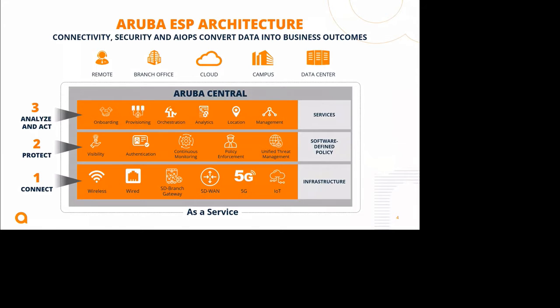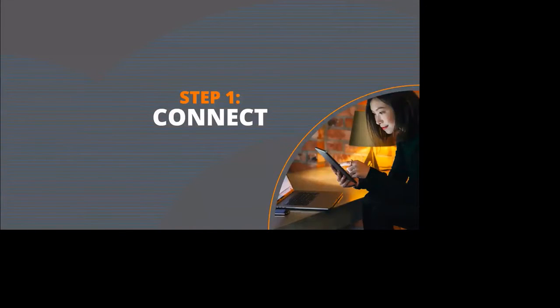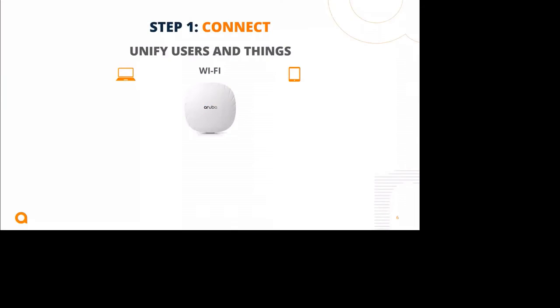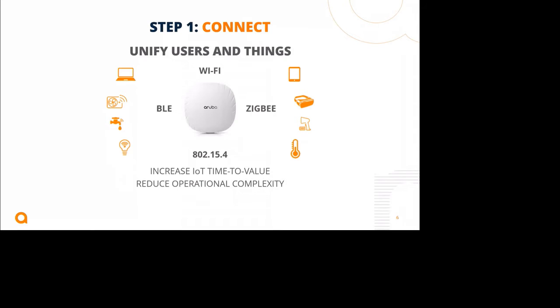So let's continue. Step 1, connect. What about the unified infrastructure layer? So for many years, users and their devices have been connecting on access points only using the Wi-Fi technology. However, nowadays we see that IoT needs to connect to the same access points as well. But IoT is not always connecting through Wi-Fi.